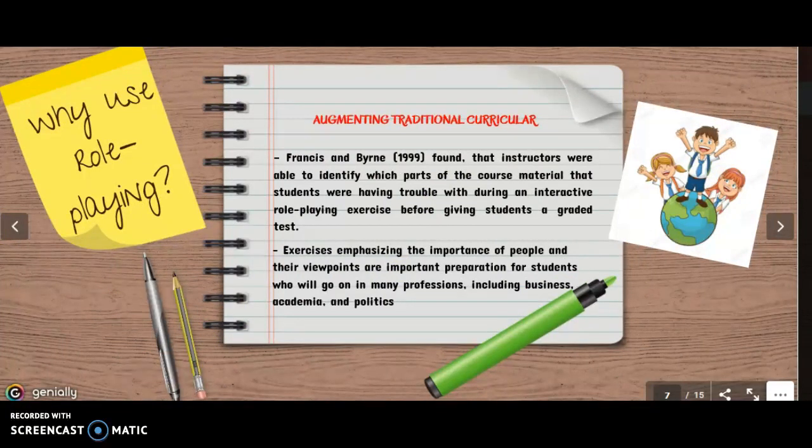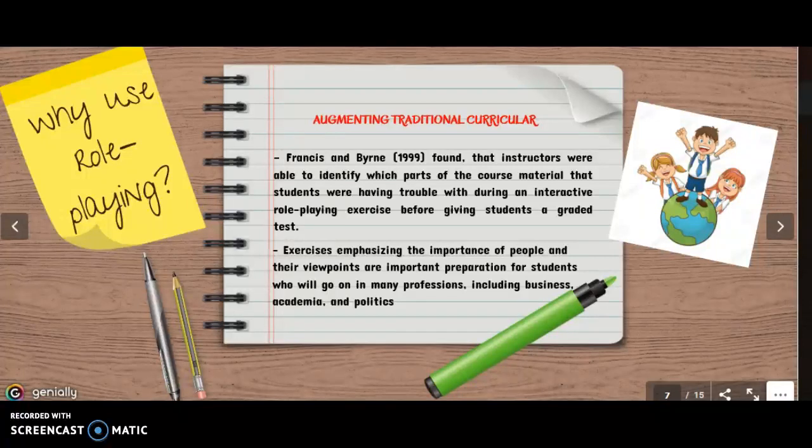Augmenting traditional curriculum. The primary purpose of a role-playing exercise is to get students to look at the material they are learning in a new light. The structure is persuading them to alter their mental maps of the world instead of just feeding them information.